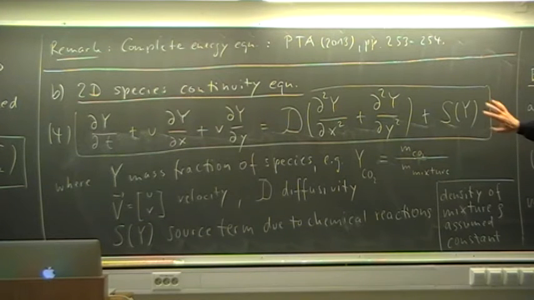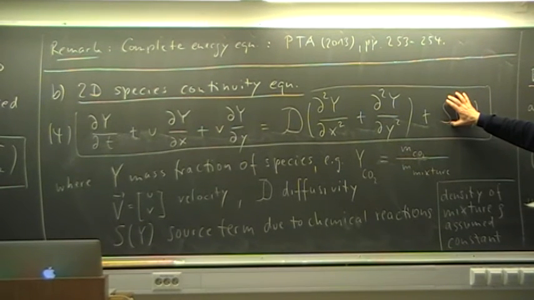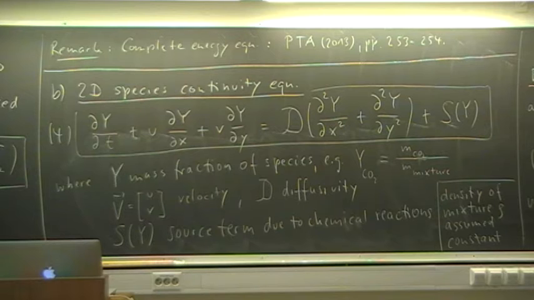So, if we don't have reactions, the source term is 0, and then we have immediately the convection-diffusion equation. And if we have the source term, this equation is often called the convection-diffusion reaction equation. But we shall here not consider this, I just take it as an example.